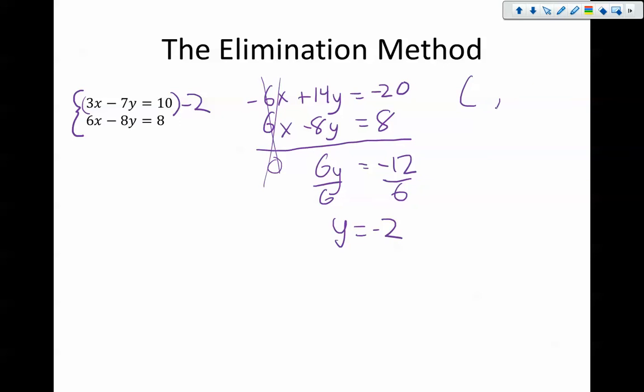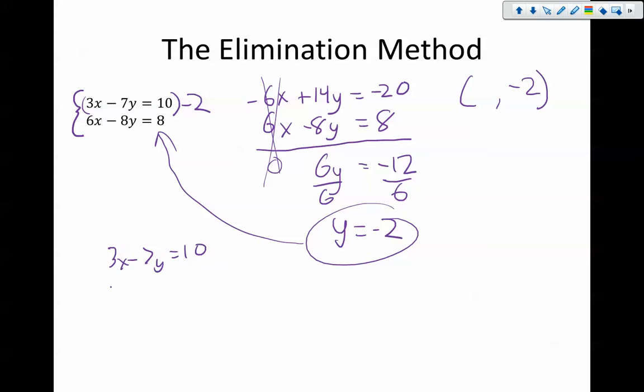That's half my answer, right? This is the same as what we've done with substitution. If I take this value and I plug it in up here, and it doesn't even matter which one I plug it into, we'll end up with the x value. So let's plug it into that top equation. 3x minus 7y equals 10. We're going to plug the -2 in for y. So 3x minus 7 times -2 equals 10.